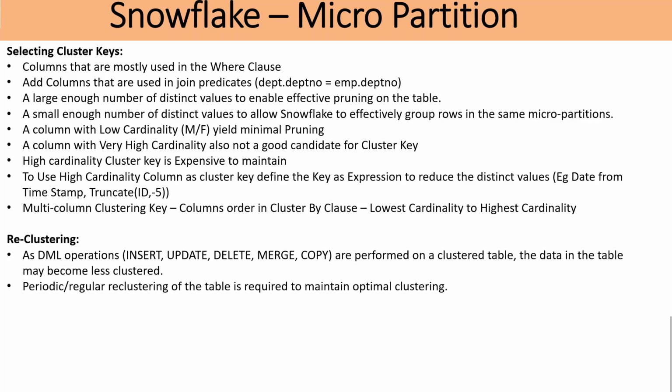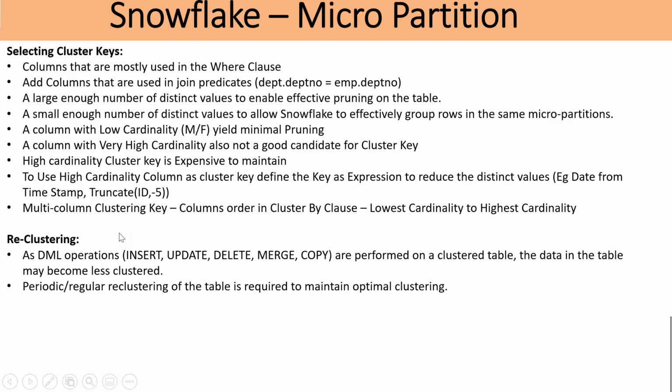The timestamp varies. So if you want to do clustering in that scenario, just use date. Dates organize a lot of data by date rather than timestamp. You can use a function in your clustering, for example truncate of the column comma 5. You can use a column or a function of a column.